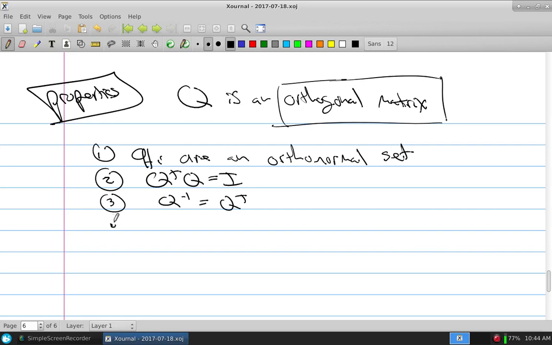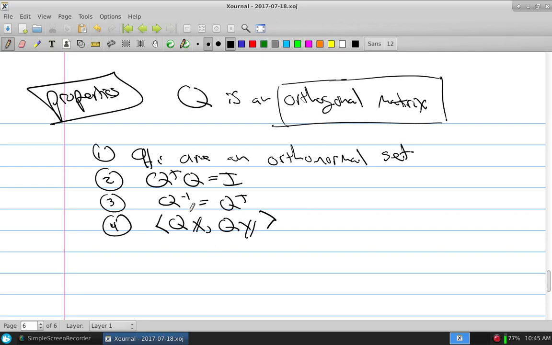But the other thing that would happen is if you would take Q applied to X and Q applied to Y and ask for its inner product. So Q itself is a matrix, and that means that it's actually a transform.